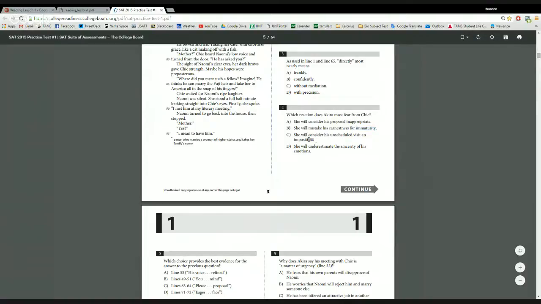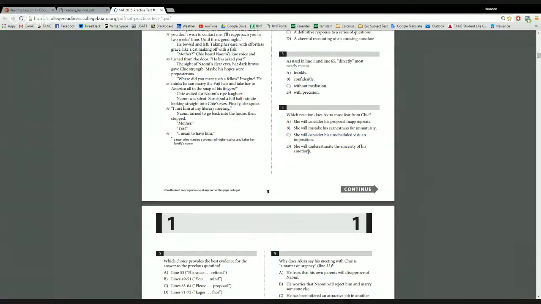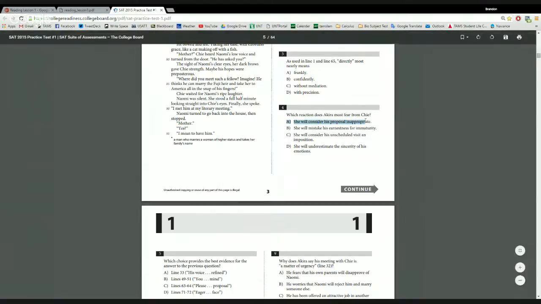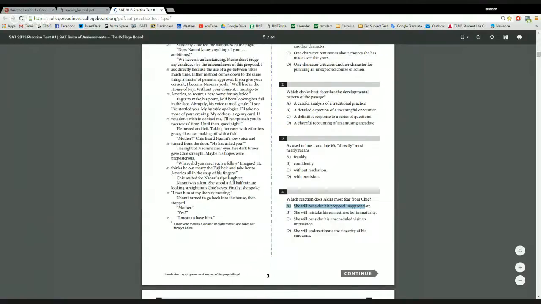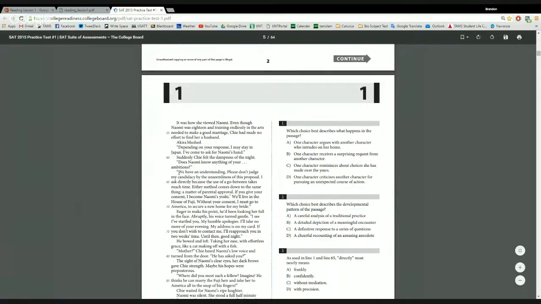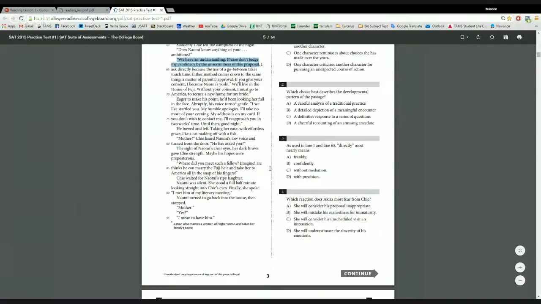She'll consider his unscheduled imposition, not exactly an imposition here. She'll underestimate the sincerity of his emotions. You can't really see emotions here, so it would be A. She'll consider his proposal inappropriate. That's basically rewording what we have: an understanding, please don't judge my candidacy by the singleness of the proposal.